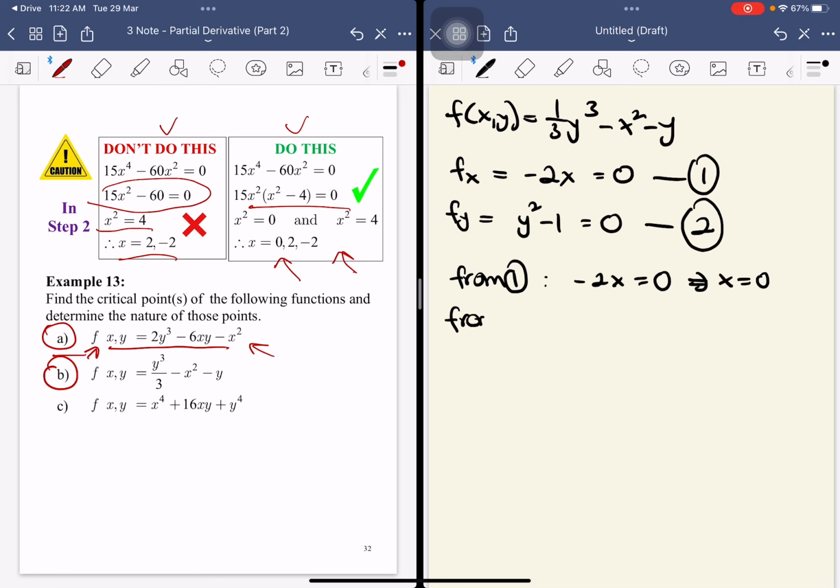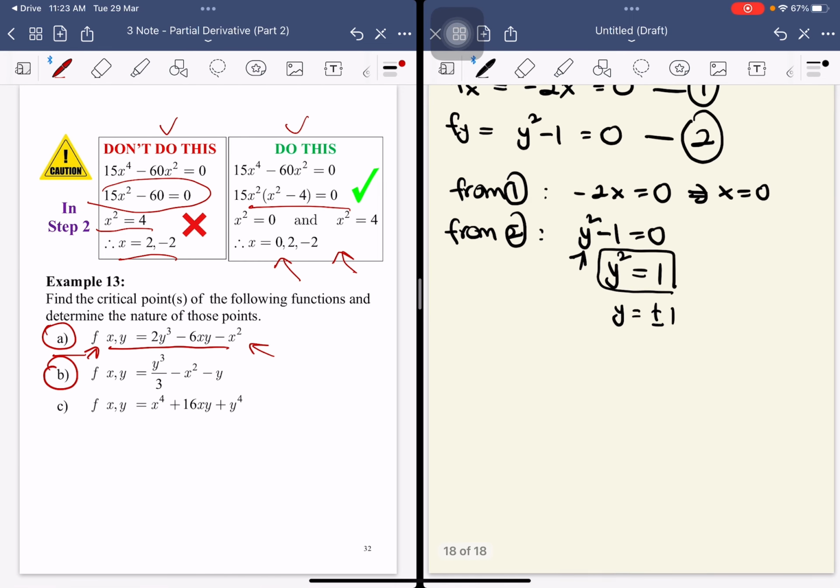From equation number 2, we have y squared minus 1 equal to 0. If we rearrange, you're going to get y squared equal to 1. The possible values of y would be plus or minus 1, meaning that if y is negative 1, you can also get 1, which satisfies this equation.